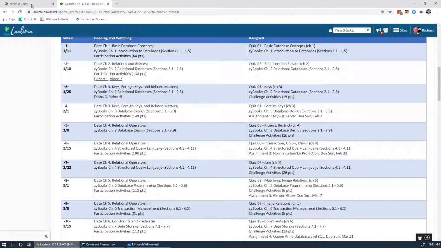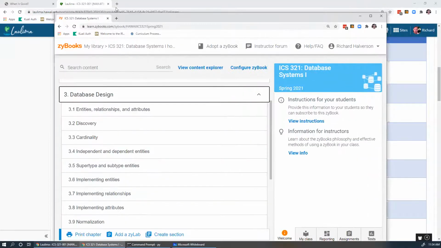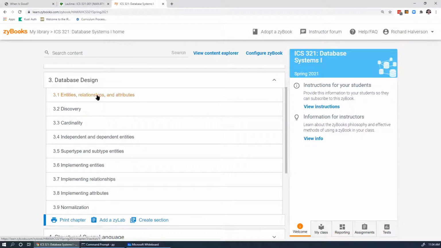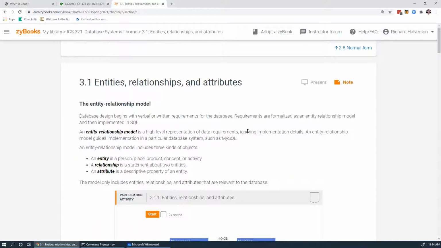All right, so let's see what is chapter 3. This is the zyBooks, chapter 3. Entity relationship diagrams.